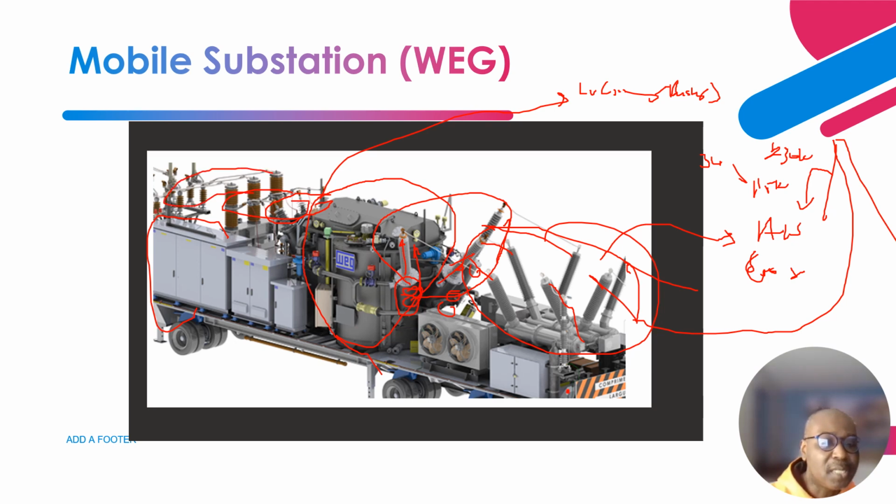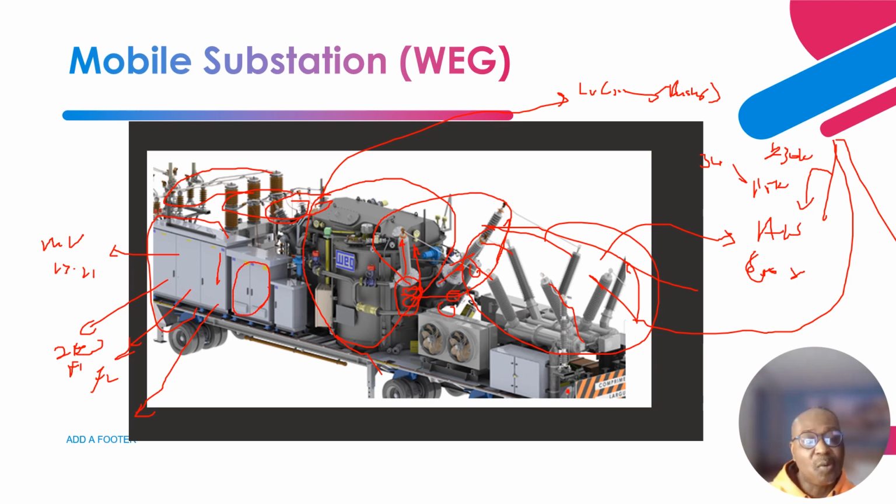This is the switchgear where you have the medium voltage side, let's say 30.2 kV, and probably you can have two feeders or three feeders: feeder 1, feeder 2, and let's say an auxiliary compartment. Also you can have a control panel for other equipment that are located on this.